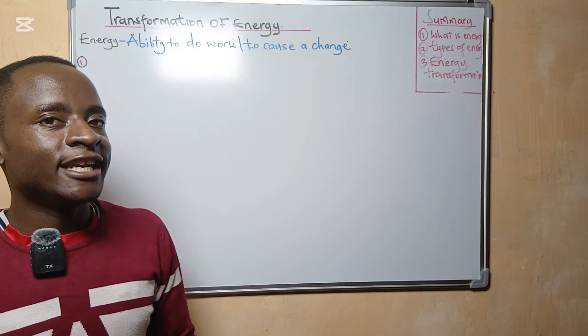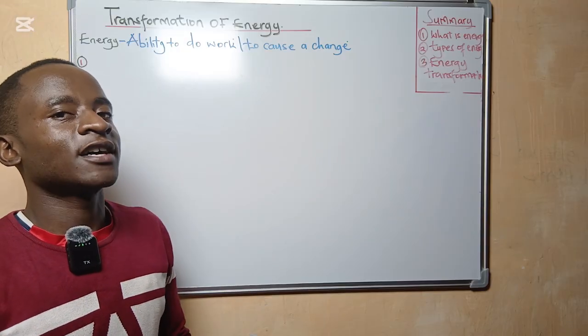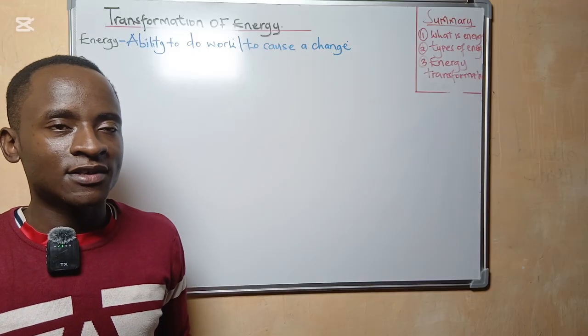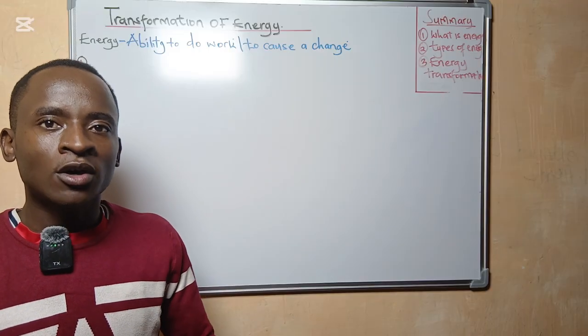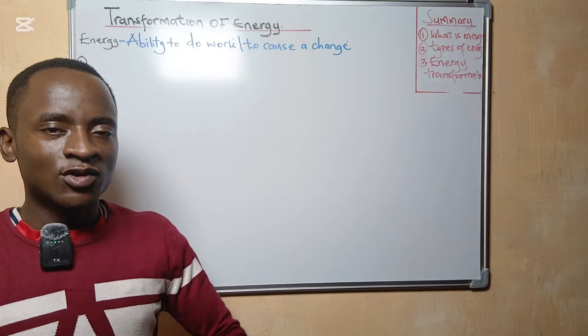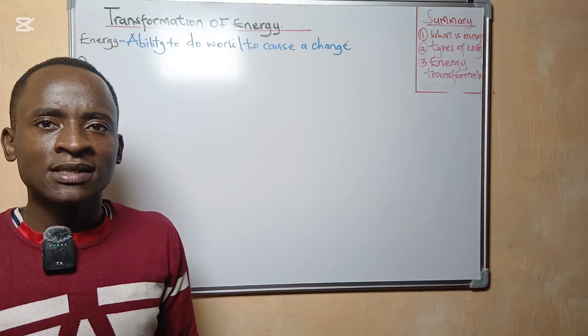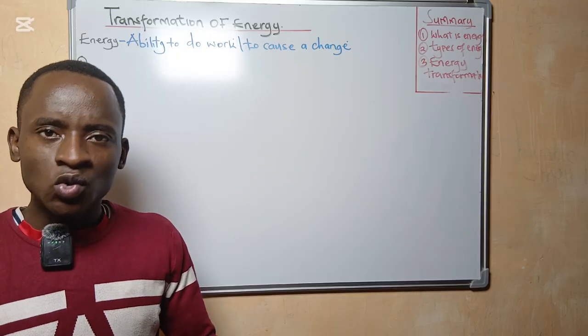So we therefore need energy for our survival on the surface of the earth. We need energy to work. We need energy to communicate. We need energy to see things around us. We need energy to read.